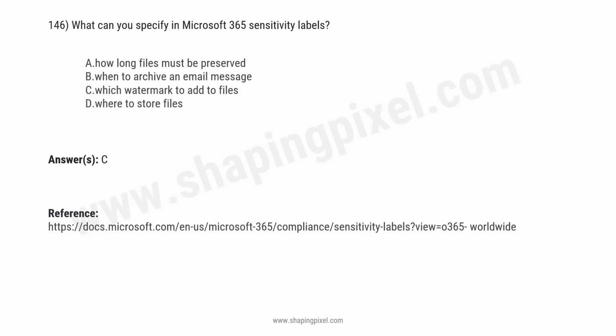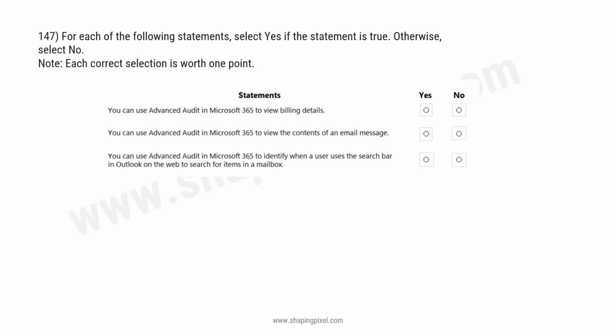So let's jump on to the next question. For each of the following statements, select yes if the statement is true, otherwise select no. Each correct solution is worth 1 point. You can use advanced audit in Microsoft 365 to view billing details. The second statement is you can use advanced audit in Microsoft 365 to view the contents of an email message.